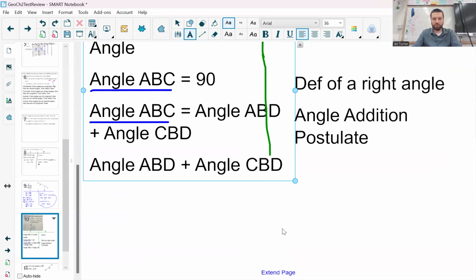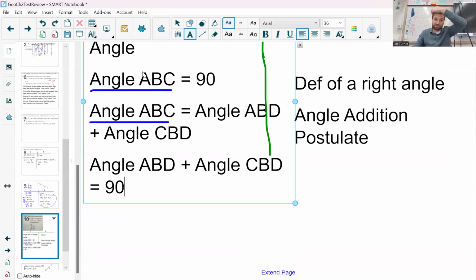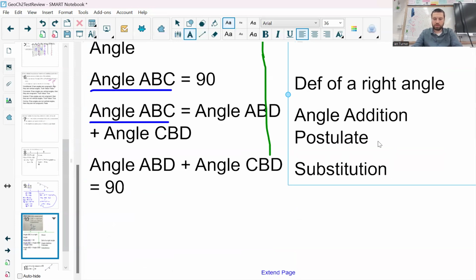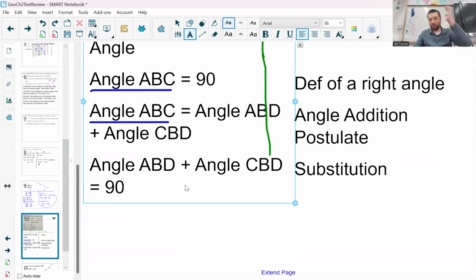What is that equal to? It's equal to 90 because that's what ABC was equal to up here. Okay, so we got these two are 90. Call that substitution. Okay, and now we always got to end with the proof statement.